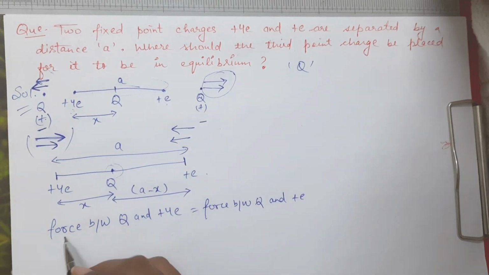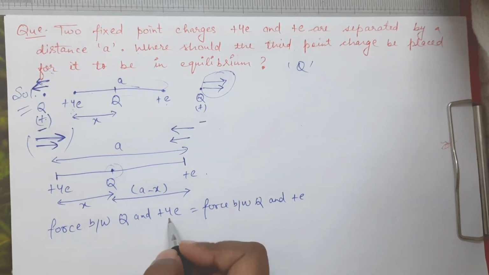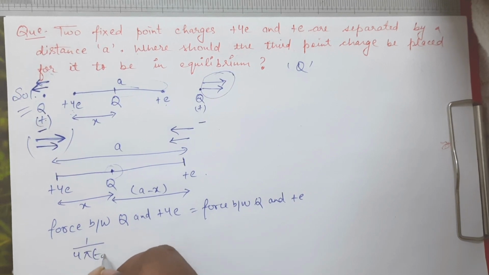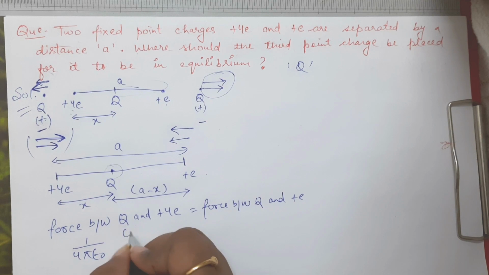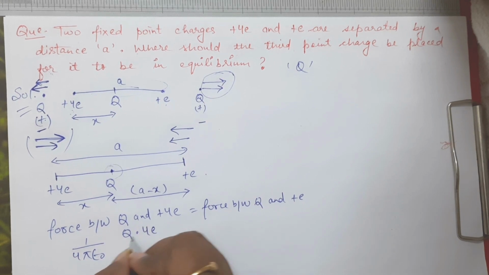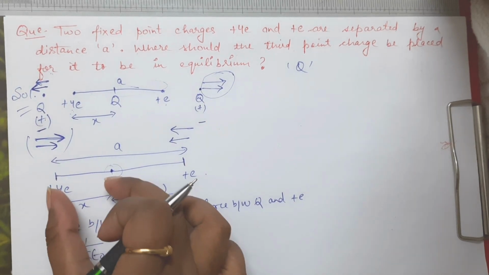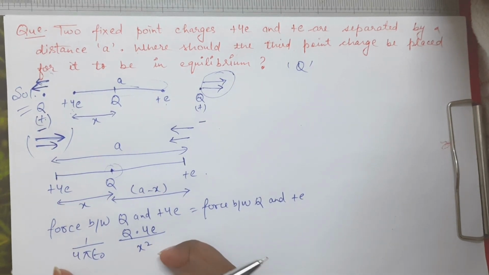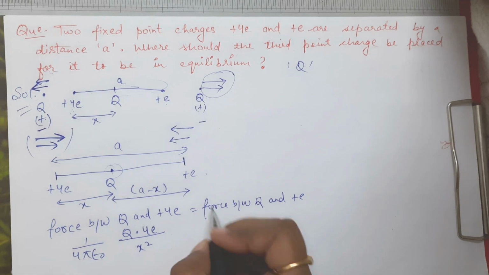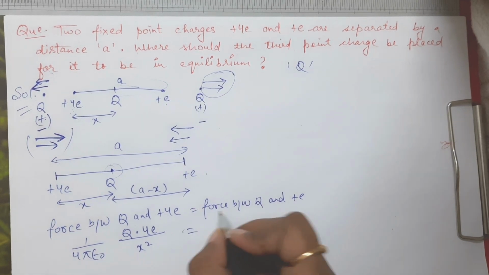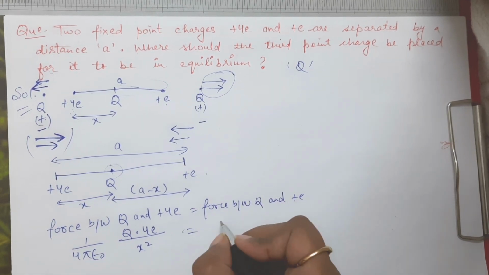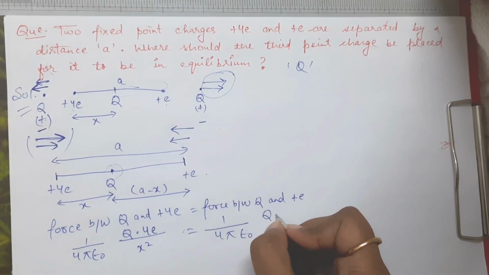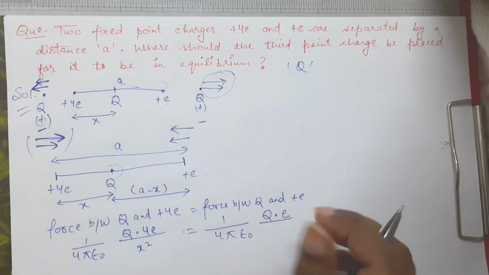So first of all, what is the force between Q and plus 4e? That will be 1 by 4 pi epsilon naught Q1 Q2 by distance squared. The distance between them is x, so x squared. This is the force between Q and plus 4e. This equals the force between Q and plus e, which is 1 by 4 pi epsilon naught Q1 into Q2 upon distance squared.